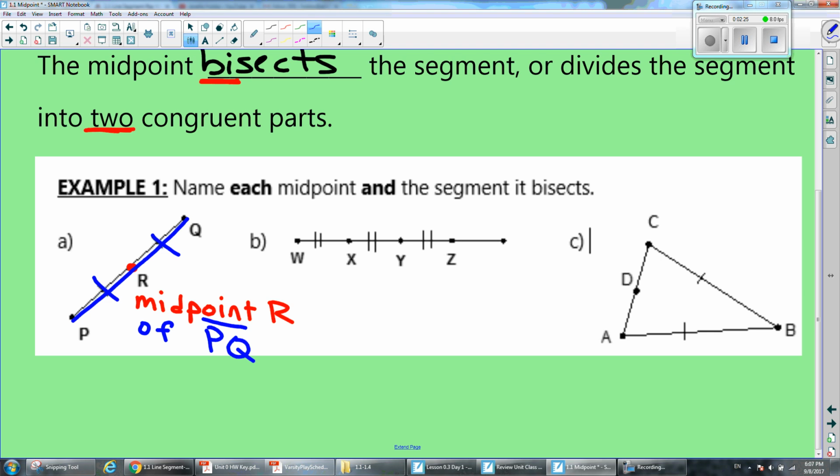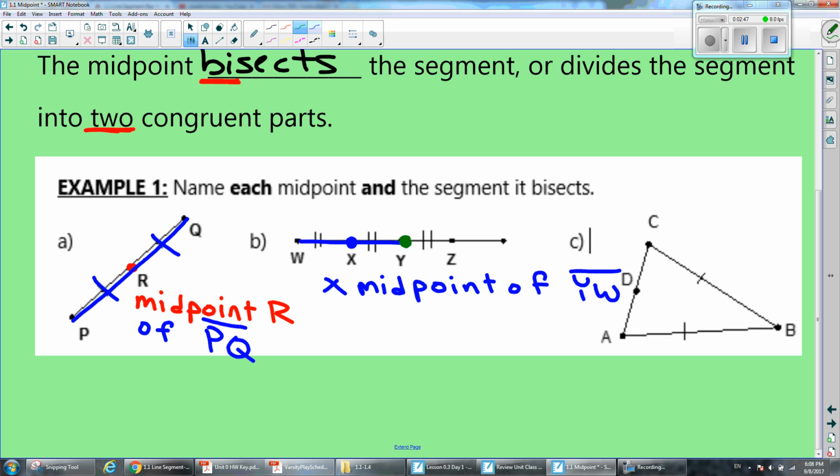Here we have a couple different midpoints. X is the midpoint of segment YW, since it's congruent from WX to XY.